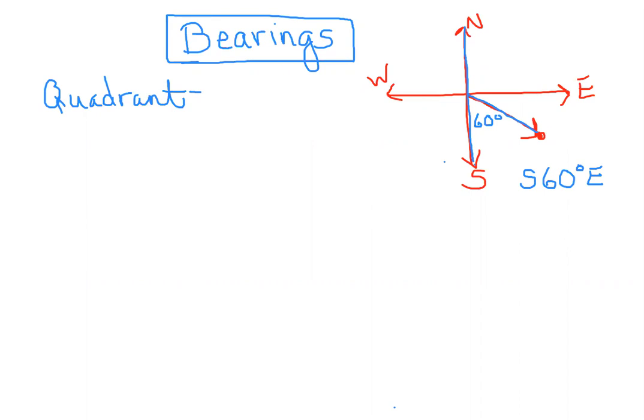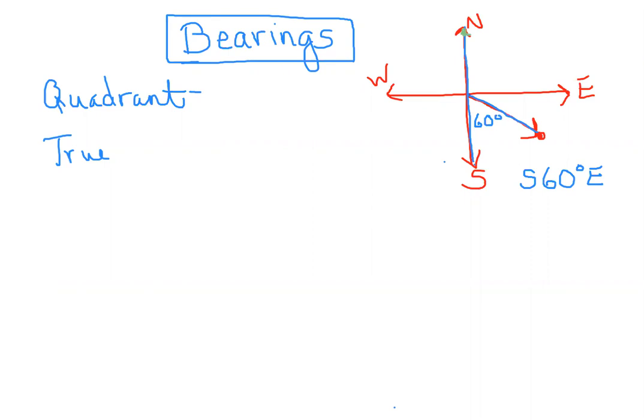Okay, the true bearing is the angle measured clockwise from the north to the vector. So the true bearing of the vector to the right, we're going to start here at north, right up here, and we're going to measure from here to our vector.